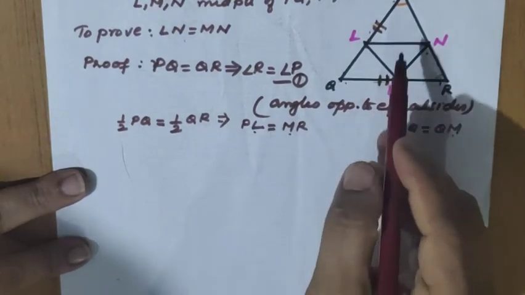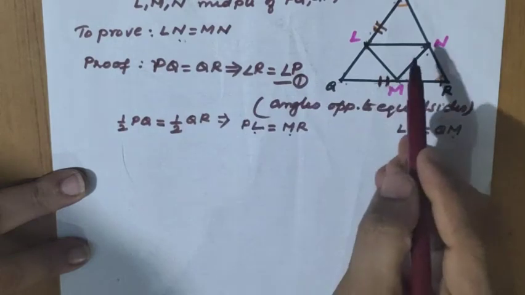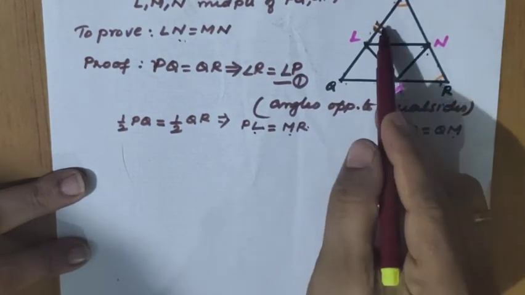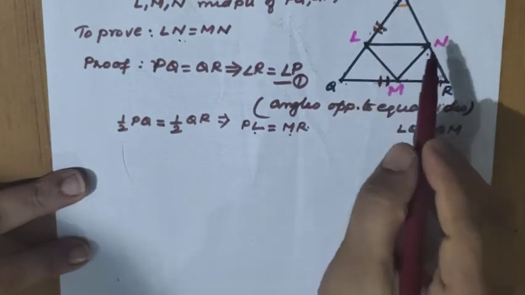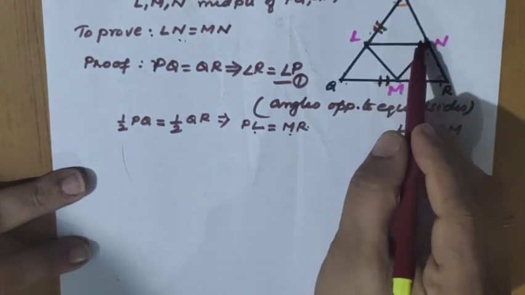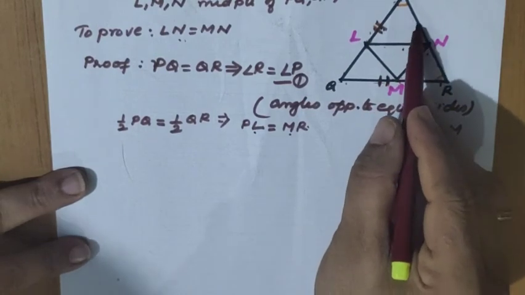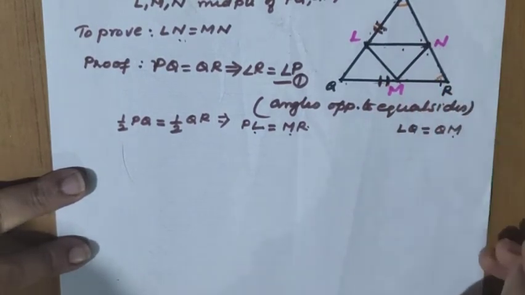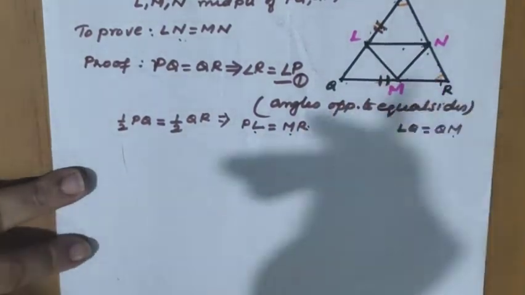Similarly, if you take PLN as the triangle, because LN should be one of the sides, PL we got equal to MR, so the first equal side we got, and the angle which is marked here, angle P. Now for the third side, LN to be proved only, so PN is the left side. So PN and NR are also equal by the midpoint property, right? So we are choosing these two triangles for the proof.